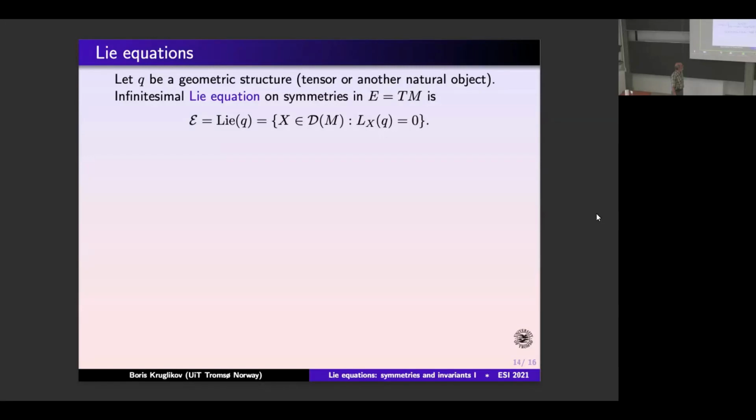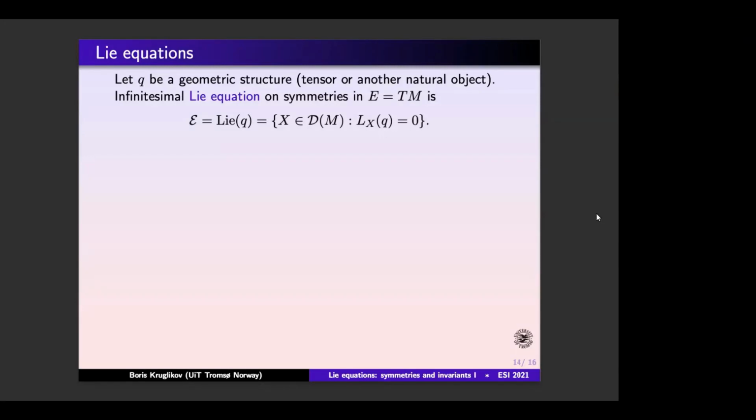And C is... Is that okay? Yes. Okay, thank you.